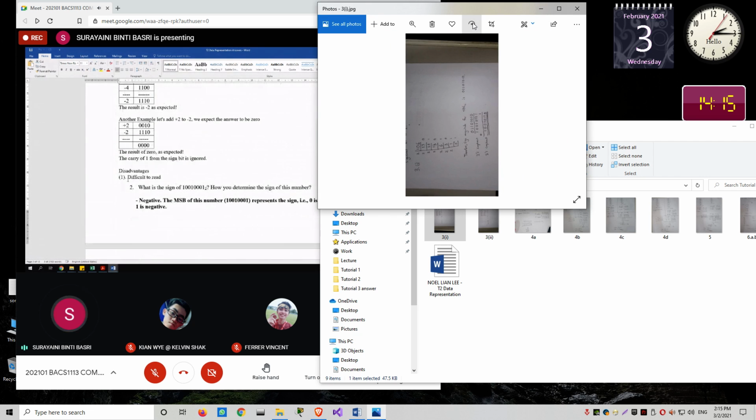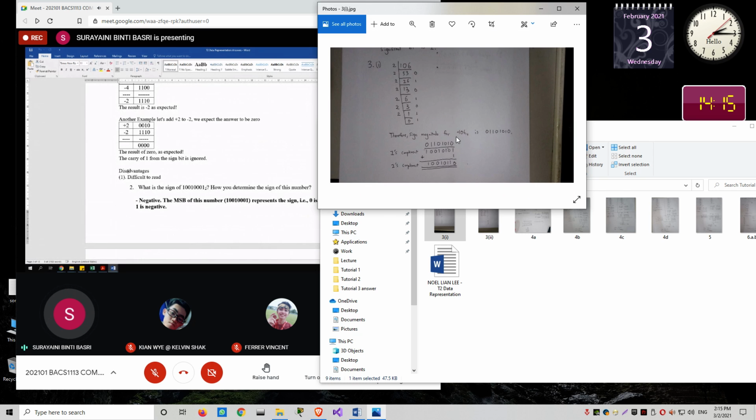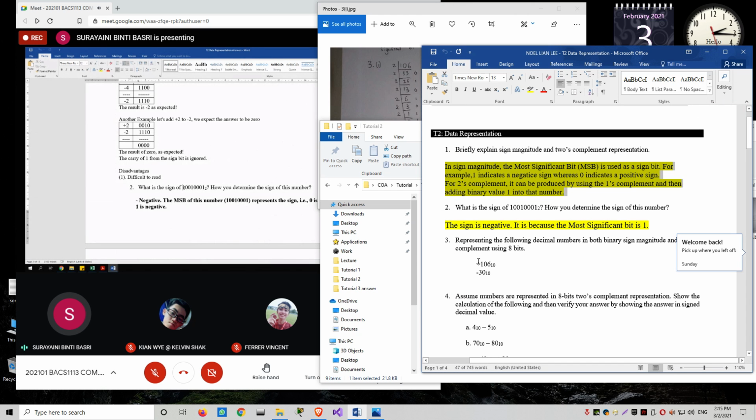But there is also a disadvantage: it is difficult to read. For example, what is the sign of this binary number? How do you determine the sign? This one is confirmed negative because the MSB is 1.